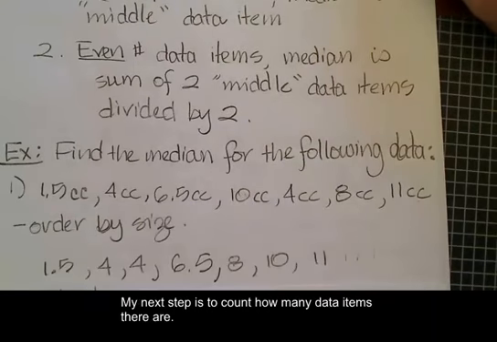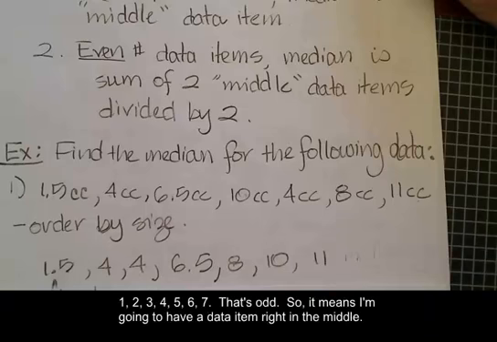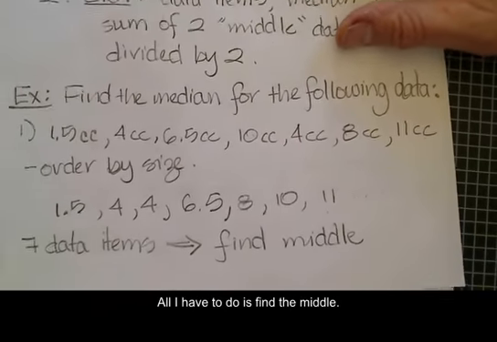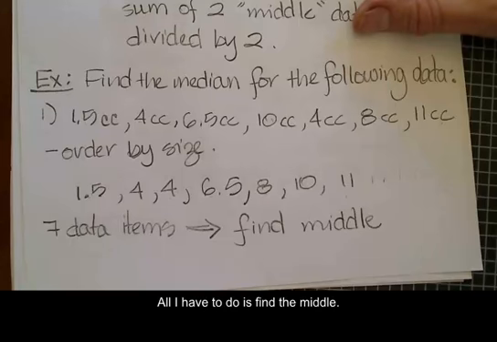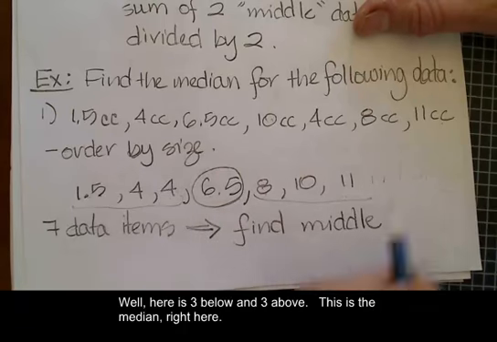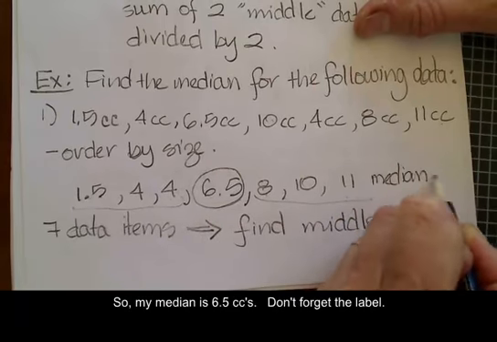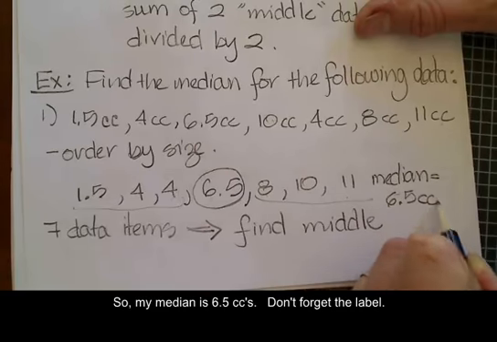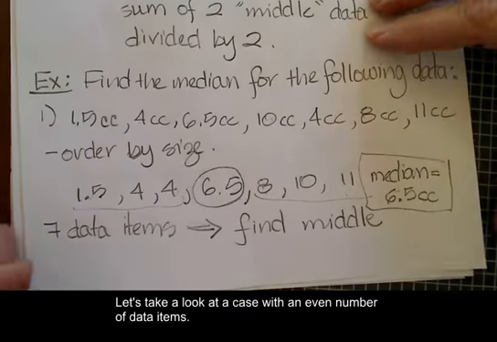My next step is to count how many of them there are: 1, 2, 3, 4, 5, 6, 7. That's odd, so I'm going to have a data item right in the middle. All I have to do is find the middle. Here is 3 below, 3 above, so here's my median. My median is 6.5, and let's put the label back on it, cc's.